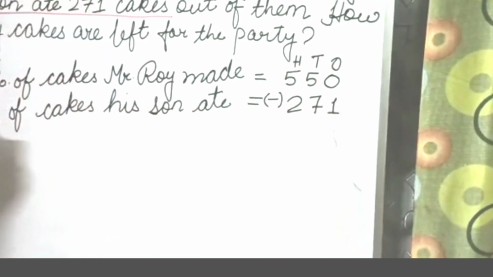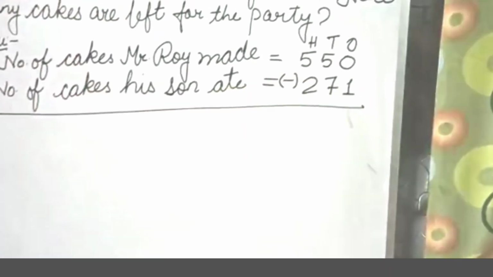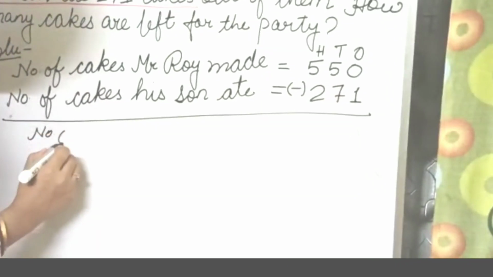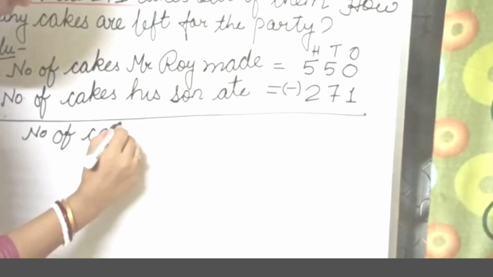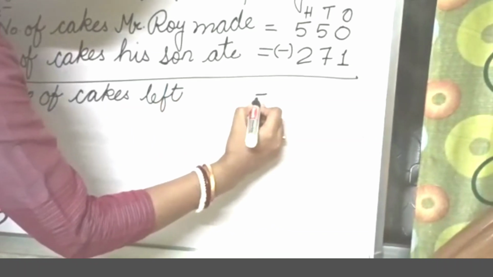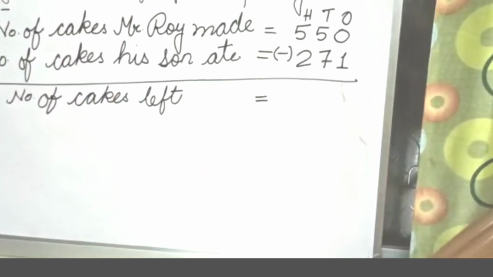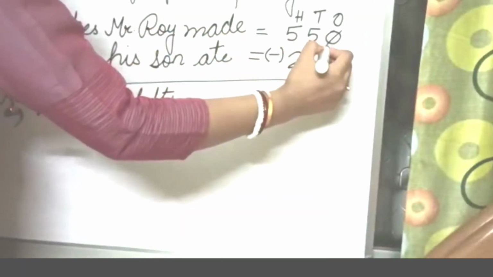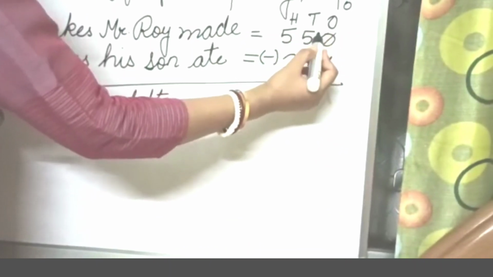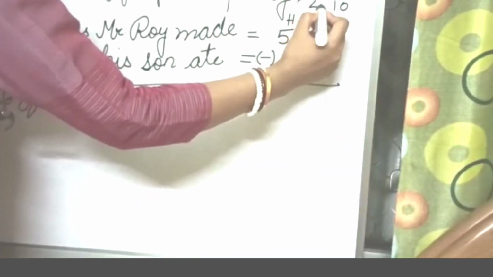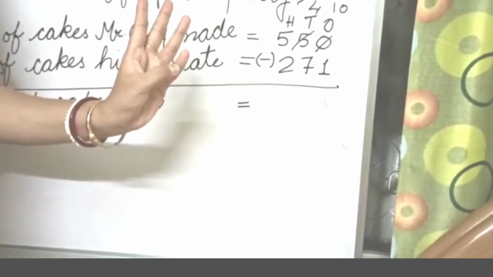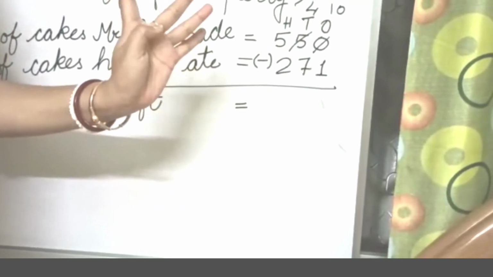subtraction sign, draw a line over here, and now you have to write what? Number of cakes left. Now let us do the subtraction. First we have to cut 0 and make it 10, as 0 is a smaller number, and as we have borrowed 1 from 5, we will cut 5 and make it 4. Now let's count: 2, 3, 4, 5, 6, 7, 8, 9 and 10.